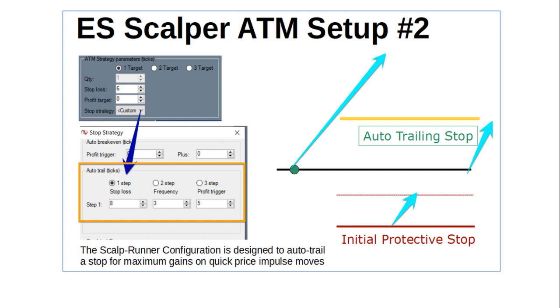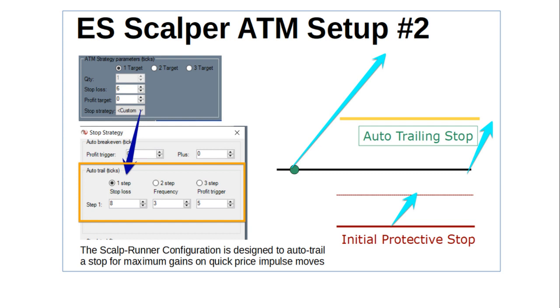You're like, oh, what's going on? What do I do? What do I do? Whereas if you just turn on one of these ATM strategies, the auto trailing strategy, it just takes over, right? And you can sit back and just let it rip.